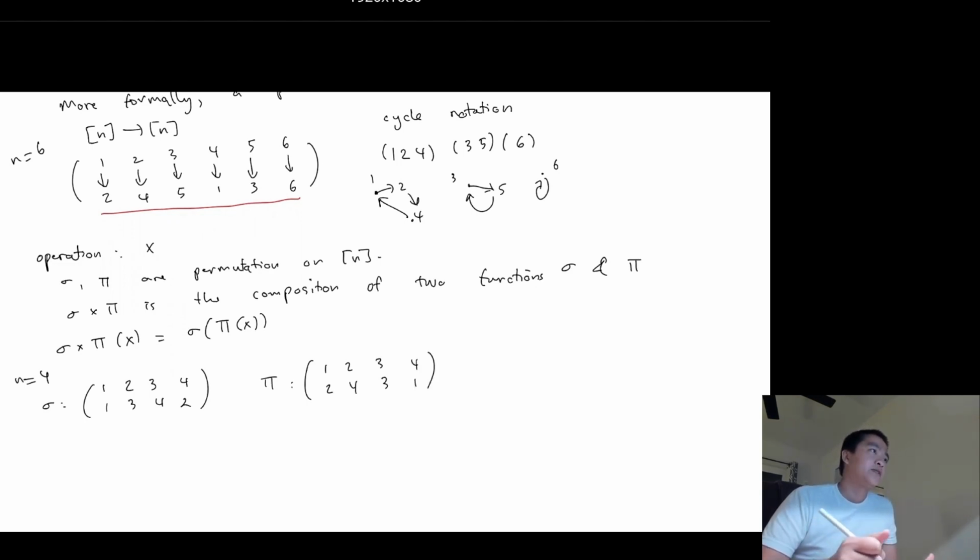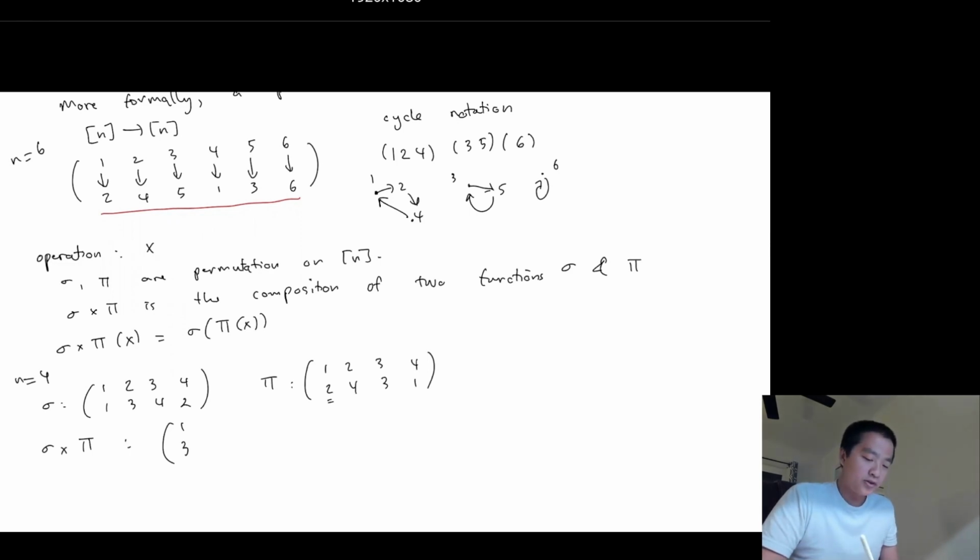Okay, now what is sigma times pi? First you apply pi. You apply pi to 1, you get 2, right? Now you apply sigma to 2, you get 3, right? So 1 is mapped to 3 in the composition of these two functions.